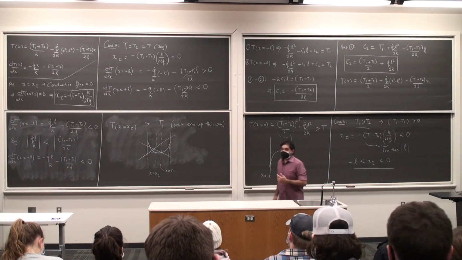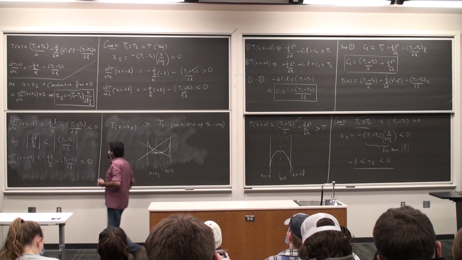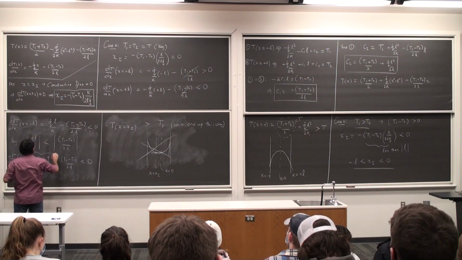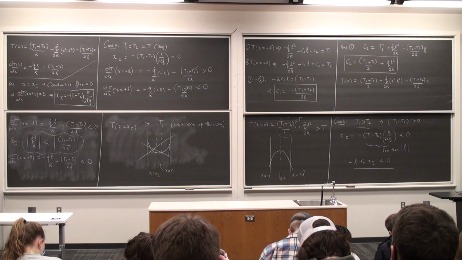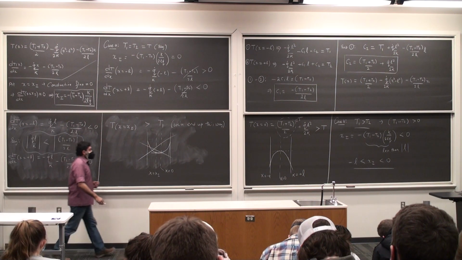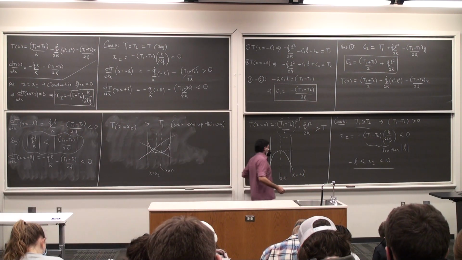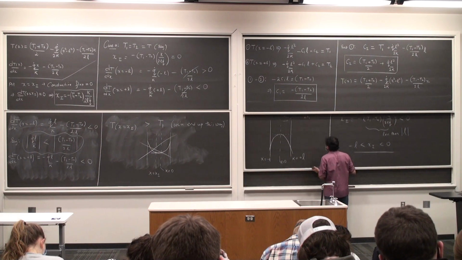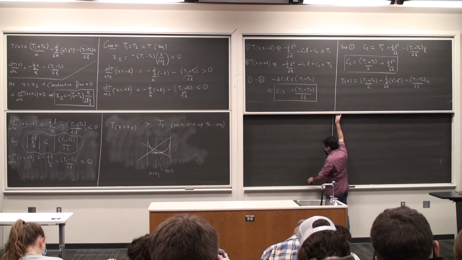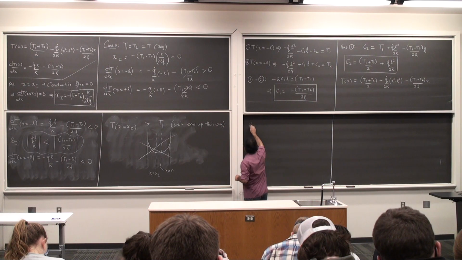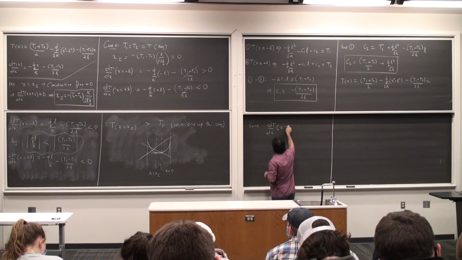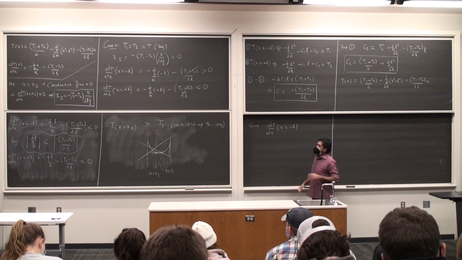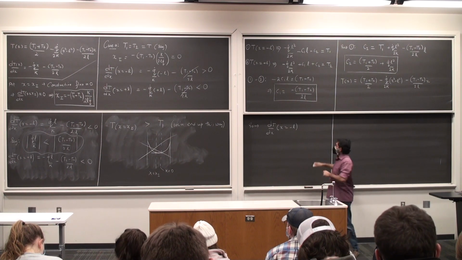So the reality is that this inequality has to be flipped. That cannot be true for the situation that we have assumed. Okay. So then I flip it and I get the following. dT by dx at x is equal to minus L has to be greater than 0.